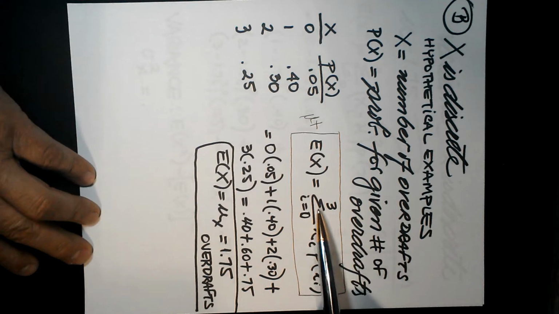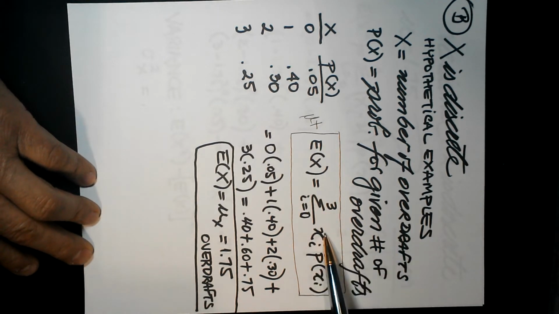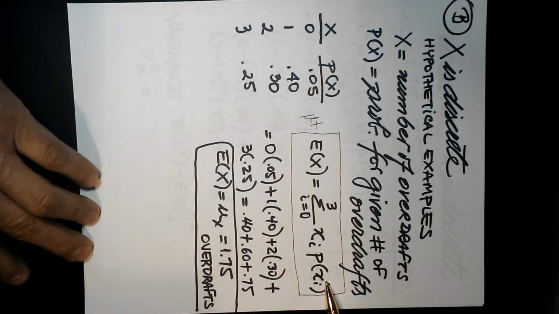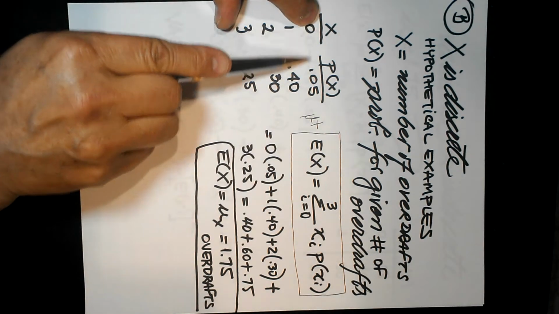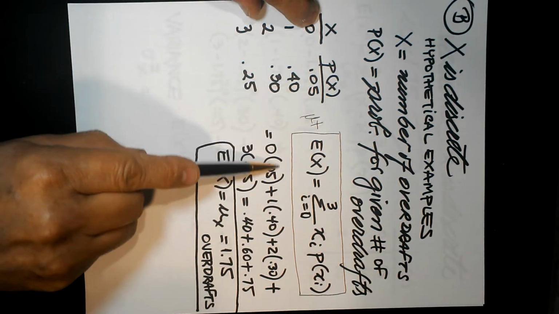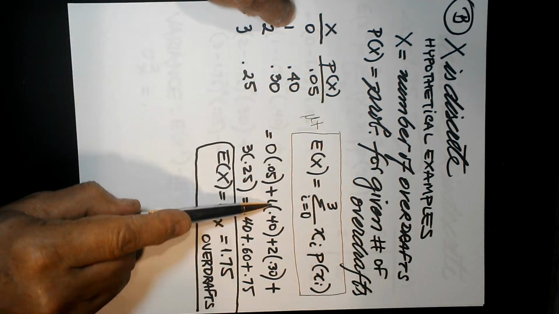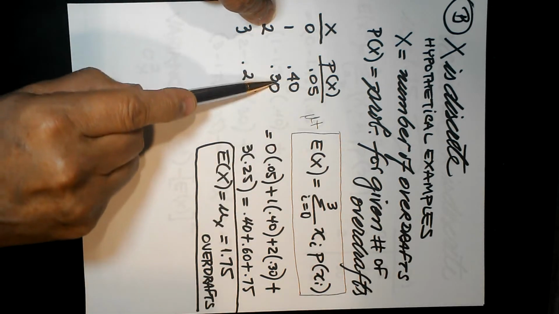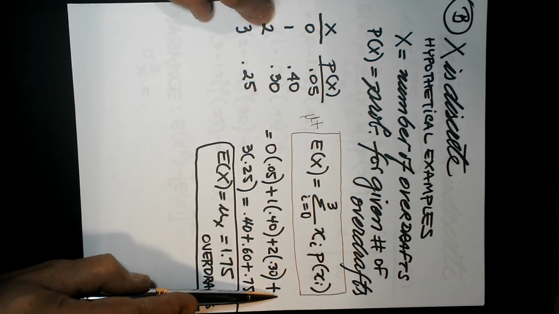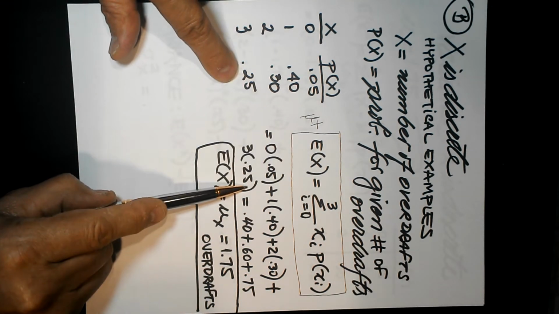We add the entire table: each x times its own probability. x0 times 0.05, add x1 times 0.40, add x2 times 0.30, add x3 times 0.25.